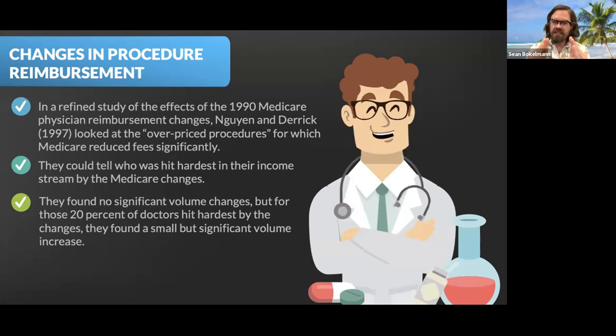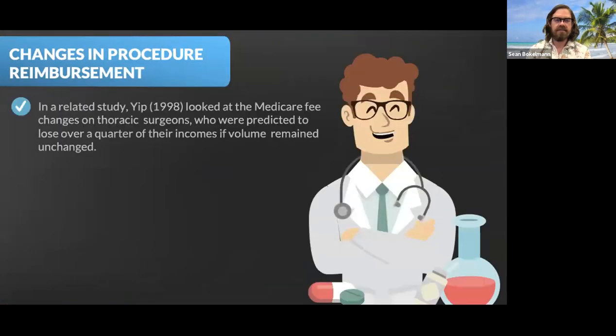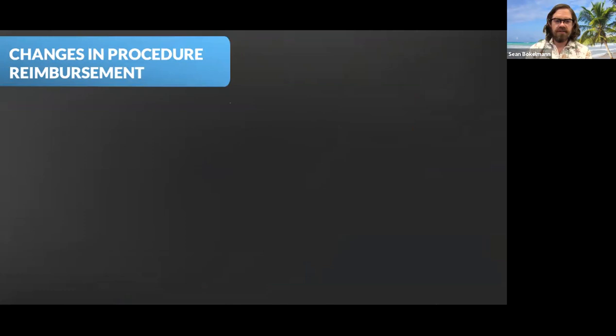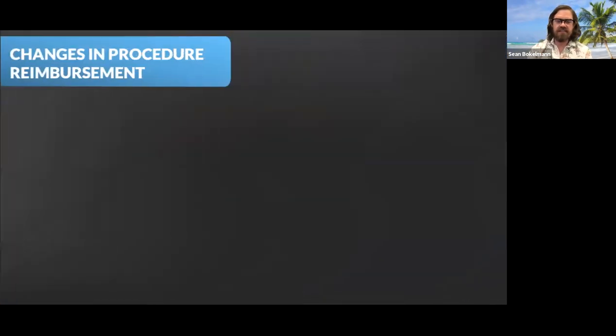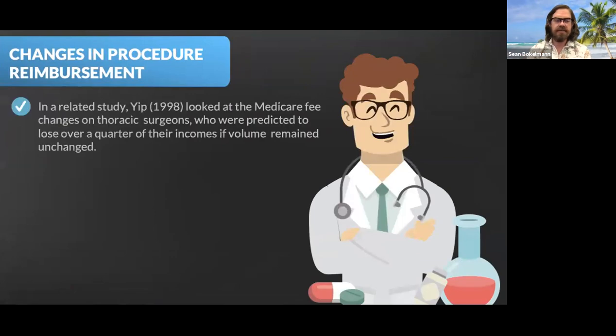But when they focused on the 20% of doctors that were hardest hit, they found a small but significant volume change, and it was an increase in volume. So, a little bit of evidence there, small but statistically significant, but only for those that were hardest hit.